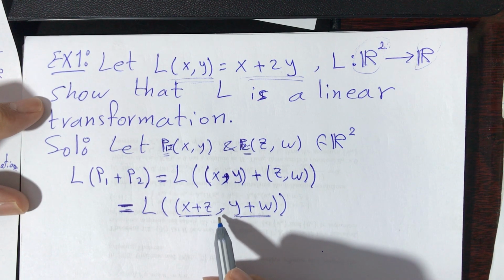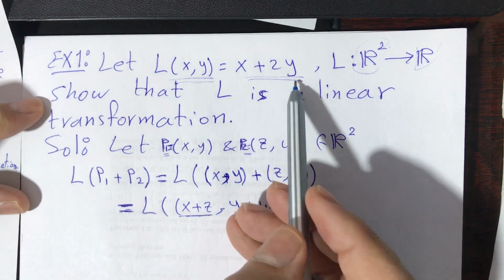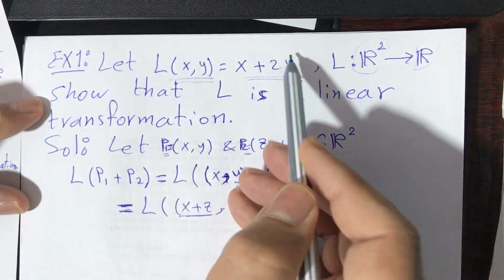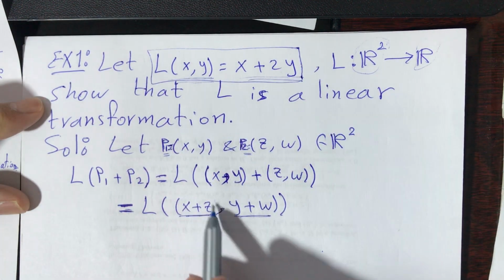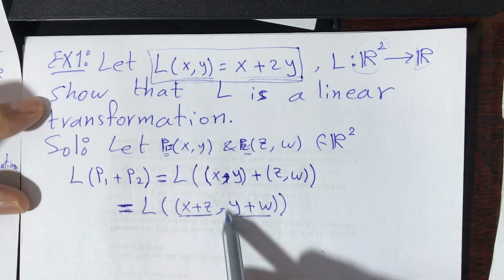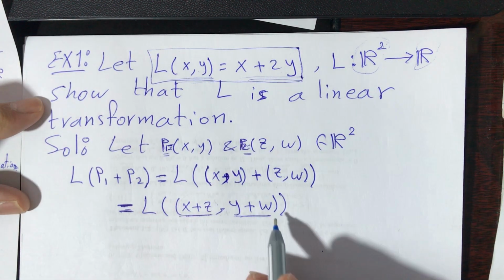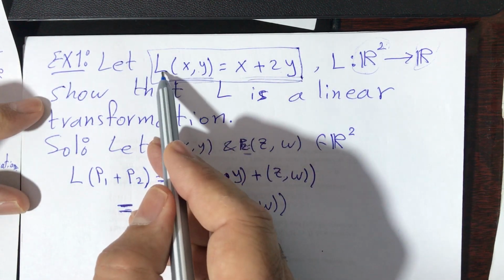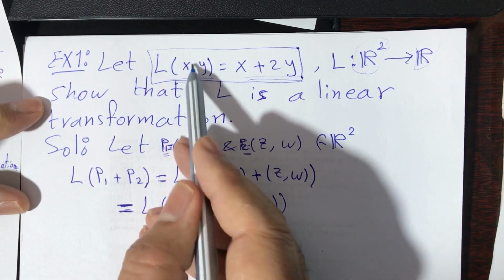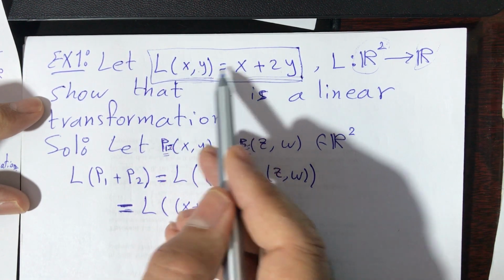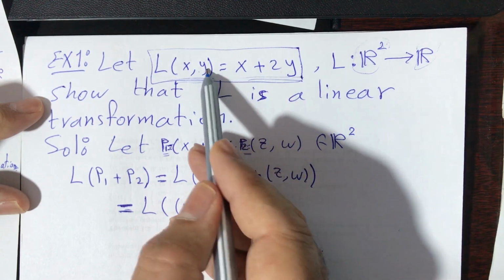And here, this is the definition of L. This satisfies x here, and this satisfies y here. So in our example, L of x, y is equal to x plus 2y.